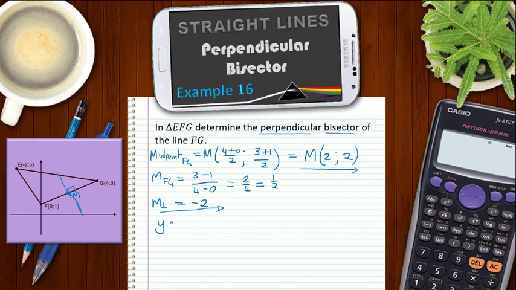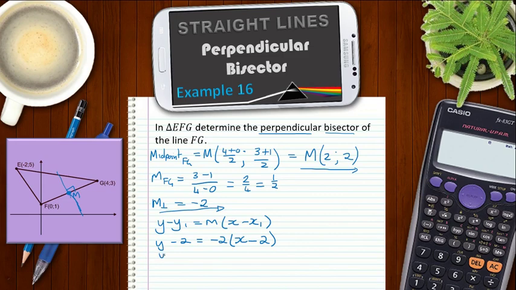So now we can just use this equation once again, where we substitute in the point and the gradient, and we have our equation of our line, or in other words, a perpendicular bisector. So this is then y minus 2 equals negative 2 times x minus 2. That's my x value over here, and that's my y value, and that's my gradient over here.